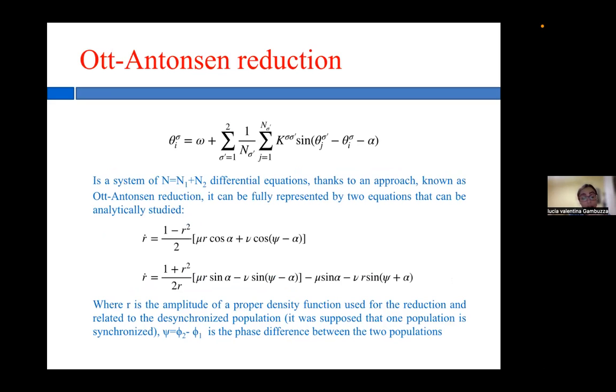The way in which the chimera states are analyzed is through a method called in the literature the Ott-Antonsen reduction.